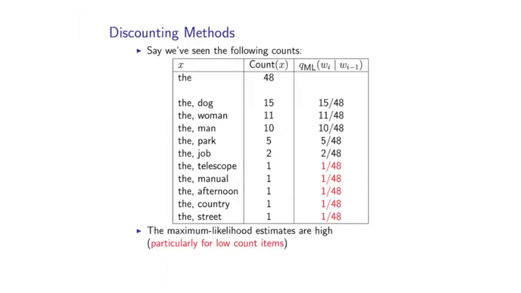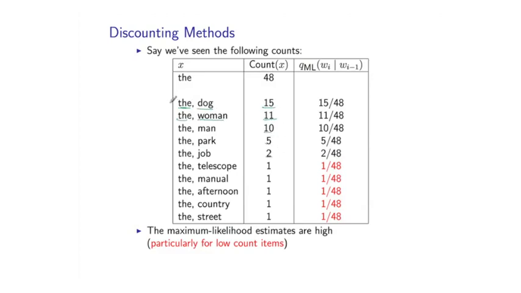Okay, so to understand discounting methods, let's first start with an intuition illustrated by the example I've shown here. What I've shown is the counts for bigrams where the first word in the bigram is the word "there". For example, "there" followed by "dog" is seen 15 times, "there" followed by "woman" is seen 11 times, and so on and so on.